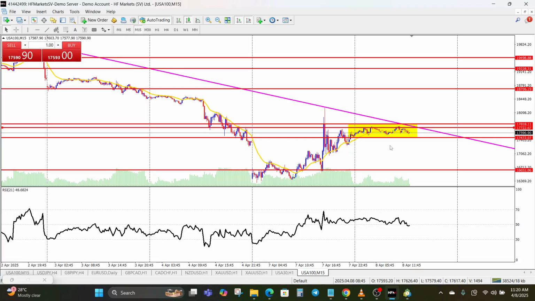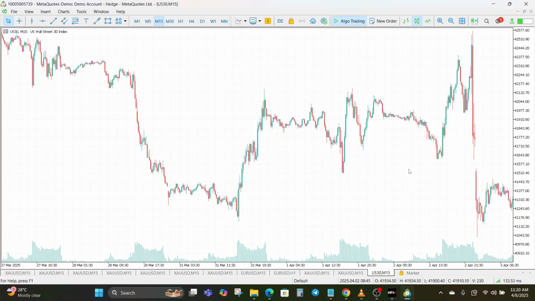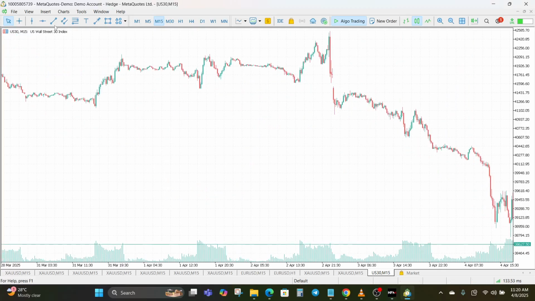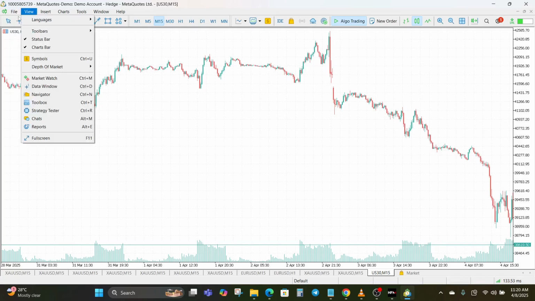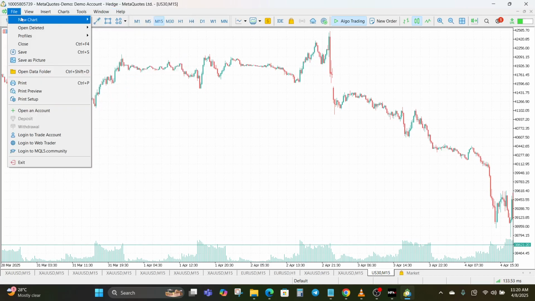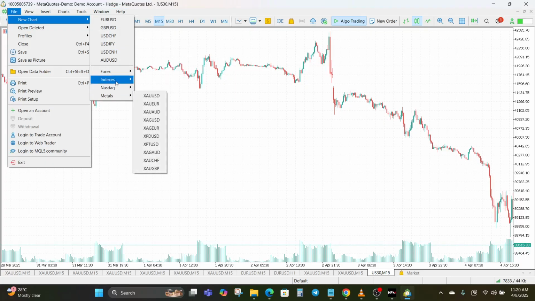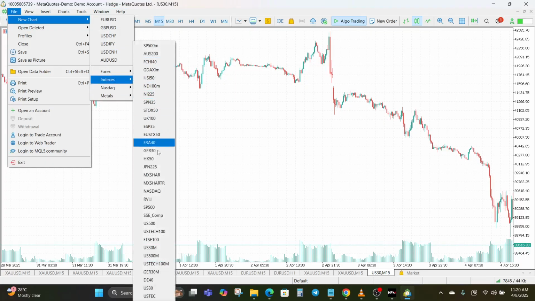All right. Now, this strategy actually works across both MT4 and MT5. So it doesn't matter which of the platforms you are using. This strategy is very well applicable to both the MT4 and the MT5. Both of them are MetaTrader platforms.